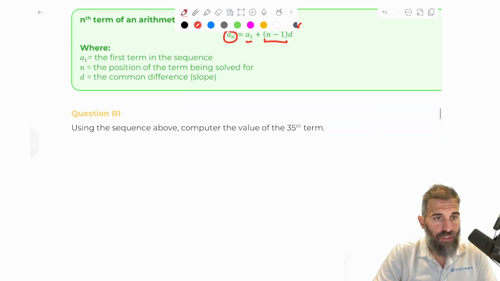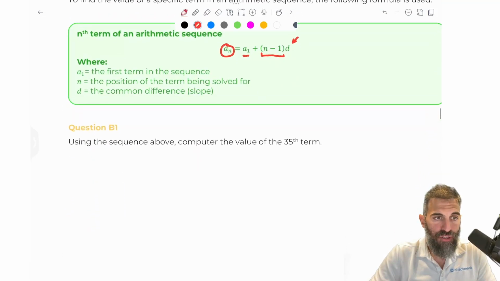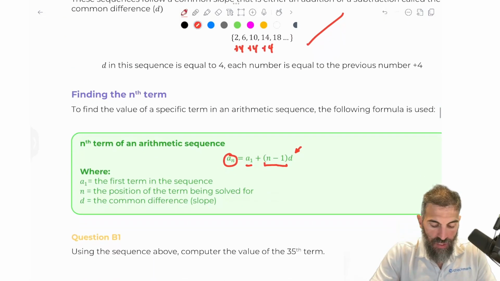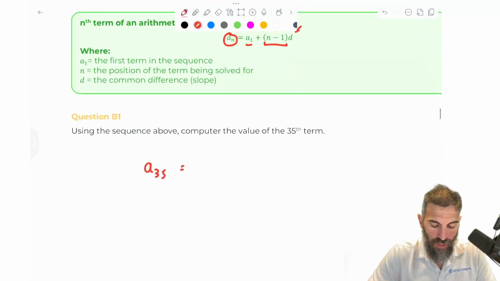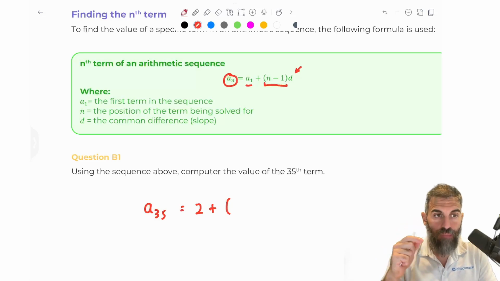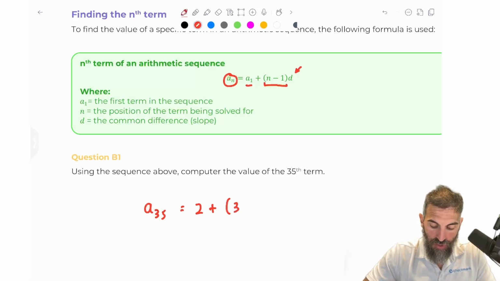Okay, so take a look at this question. Using the sequence above, what is the 35th term? Well, let's follow the formula. If I'm looking for the 35th term, the first term was 2. Okay, so A1 is 2 plus n. N is the position. I'm looking for the 35th term. N is 35. So I'm going to put 35 minus 1 times the slope.